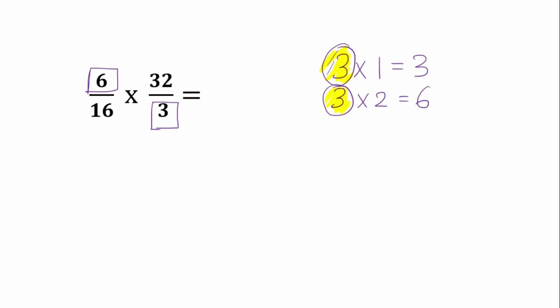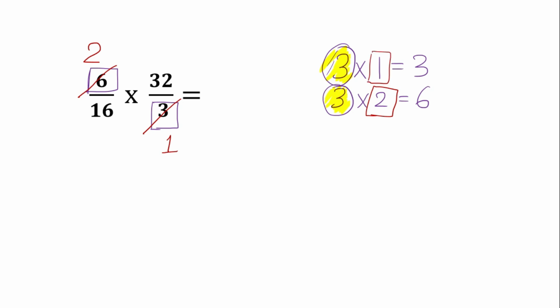As step 2, you will not have 6 here anymore because you're going to divide these numbers by 3. Here you cancel the 6 and you're going to write 2 there because 3 times 2 gives you 6. And you will cancel this 3 and write 1.